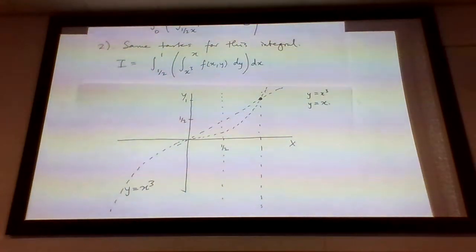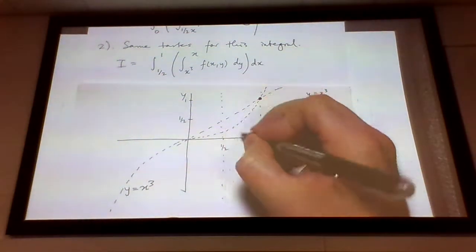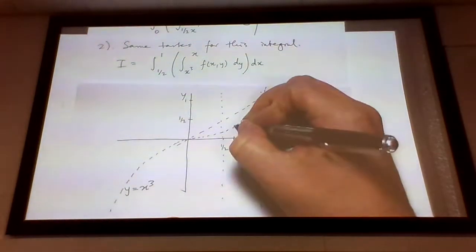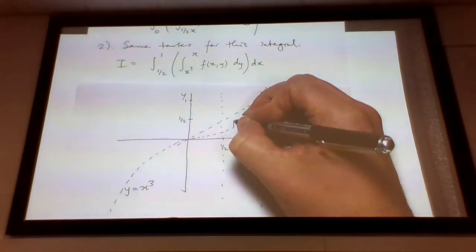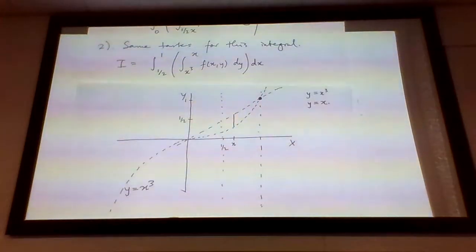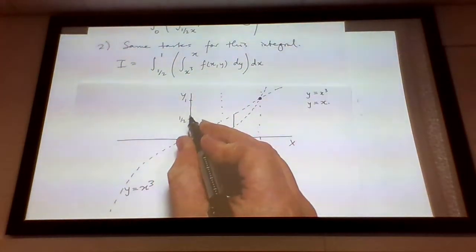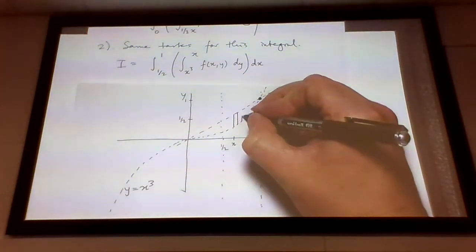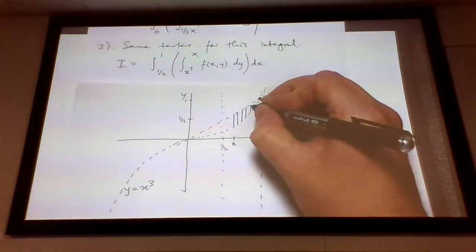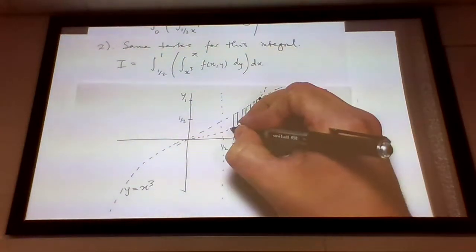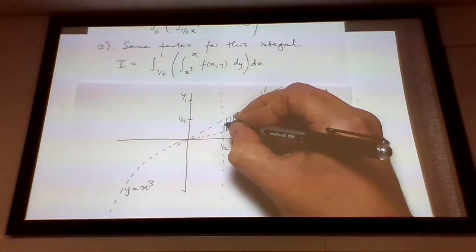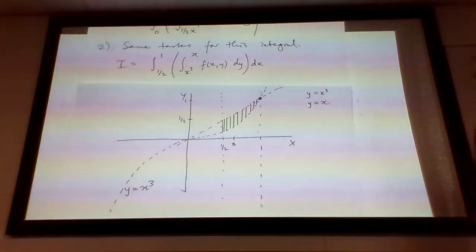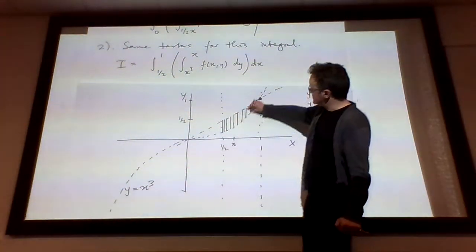So we can see the region of integration here. For a typical value of the x variable, we're integrating from y equals x cubed up to y equals x. So we're integrating along these y values here, and at the different x values, you trace out the region. Okay, so the region of integration is this shaded region here.